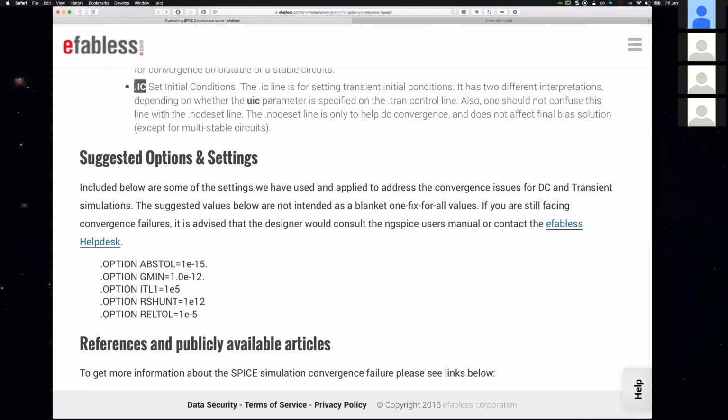Converge versus not converge is a very clear issue. But if you have changes in the values of the voltage reference, for example, based on some of these, that is either an indication of multi-operating point situations, or you actually have a bigger problem in the circuit.